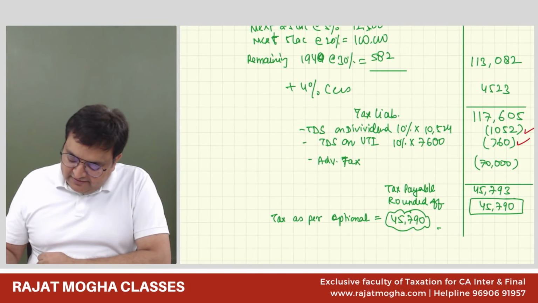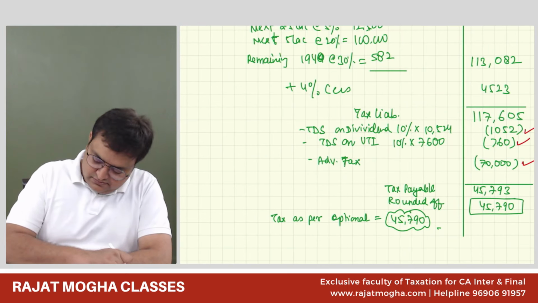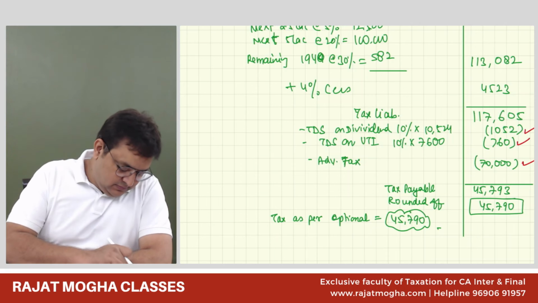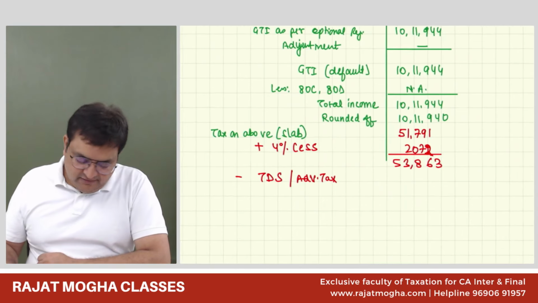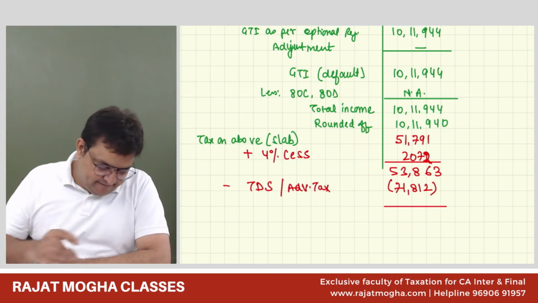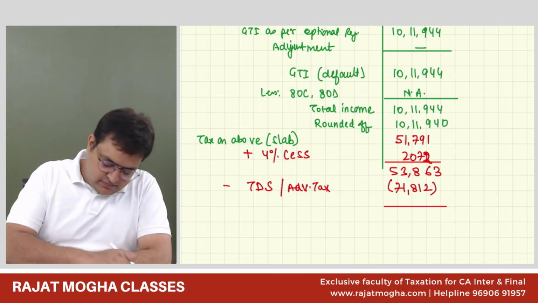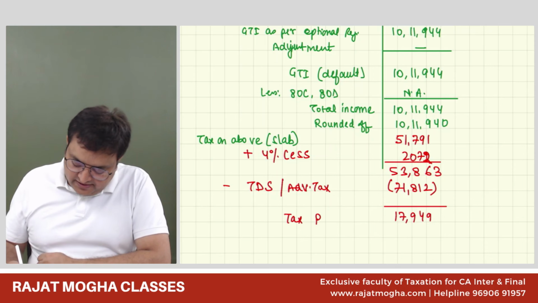So 71,812 was the TDS and advance tax. And the result is 17,949. Is this tax payable or tax refundable? Refundable. It is refundable, which is to be rounded off again.